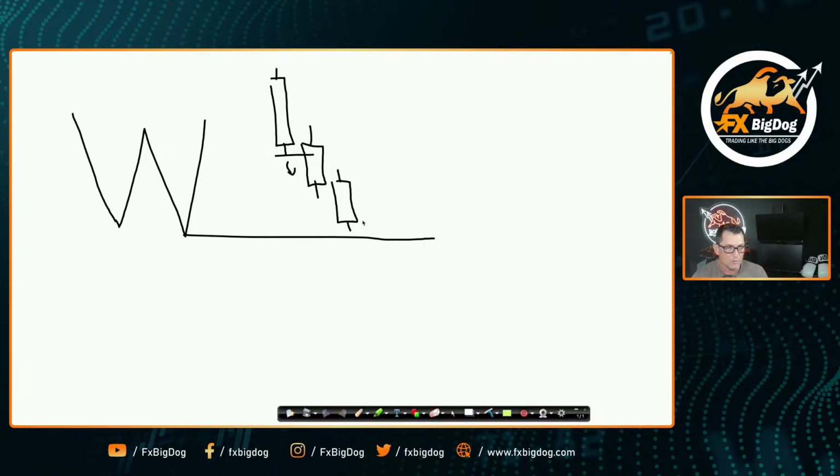Once it takes out the low, what we're going to look for is something like this, where price sweeps the low and then closes back above that previous low. This is an indication that not only have we swept liquidity, which means we've hunted liquidity and grabbed it, but also that price is struggling to break below the previous low. That is a good sign that the momentum slowed down. It's possibly wearing out.